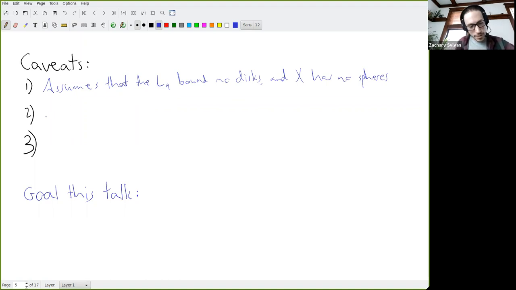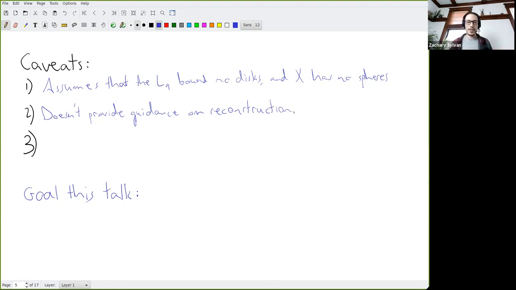Second is that this doesn't provide guidance on the reconstruction problem. In a sense, it's saying, well, we know that the mirror torus is mirror, and here's how we can exhibit homological mirror symmetry using that knowledge.